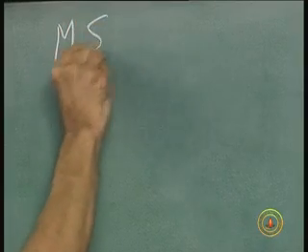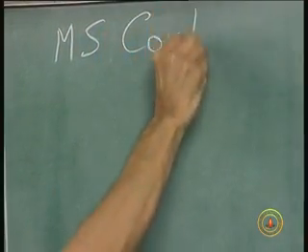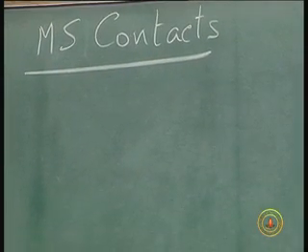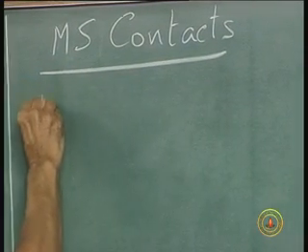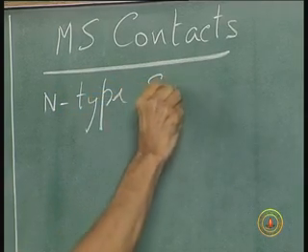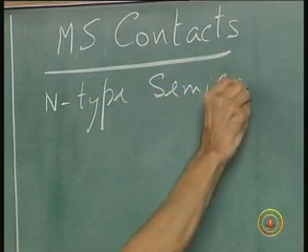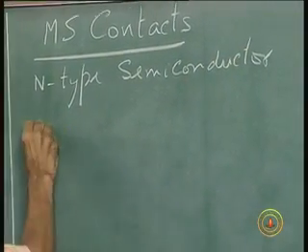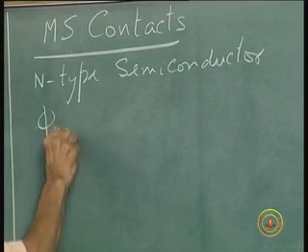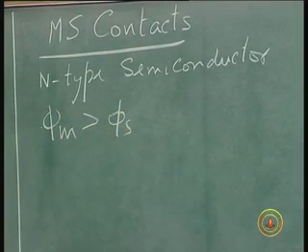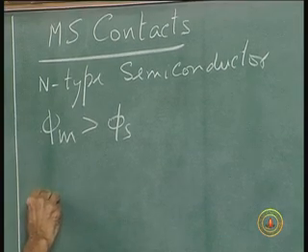So, what we try to do is metal semiconductor contacts, with that general heading, we take n type semiconductor, which we have done, but some aspects I want to, and phi m greater than phi s. So, if you just draw once again, I will draw the diagram.